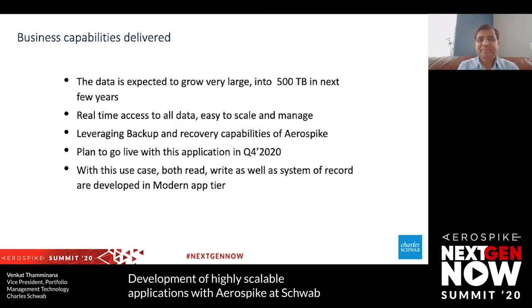This is the business capabilities that were delivered with this third use case. Making it the system of record comes with a lot of responsibilities. We should be able to back up, recover in real time, and get real-time access to all the data.